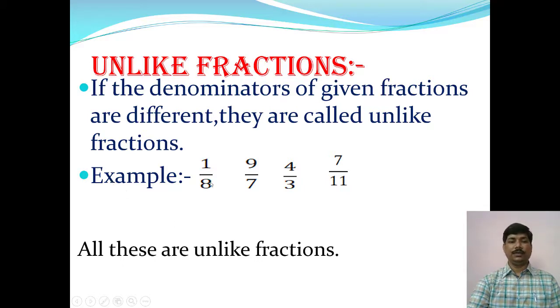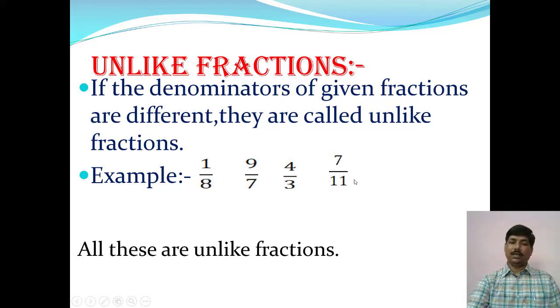For example, here are some fractions: 1 upon 8, 9 upon 7, 4 upon 3, 7 upon 11. In all these fractions, the denominators are not the same, they are different.